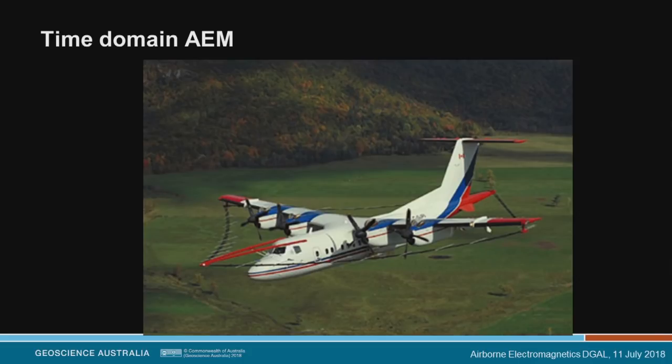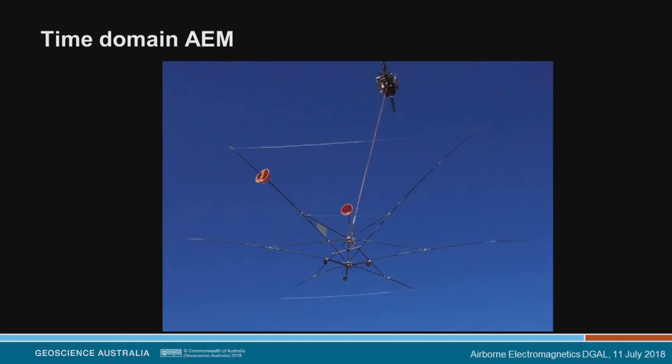This is an example of a very large time domain system where a transmitter loop is slung around the aircraft and it tows a bird in which the receiver records the data. This is a helicopter-borne time domain system where the receiver and the transmitter are all slung below the aircraft in a towed assembly.